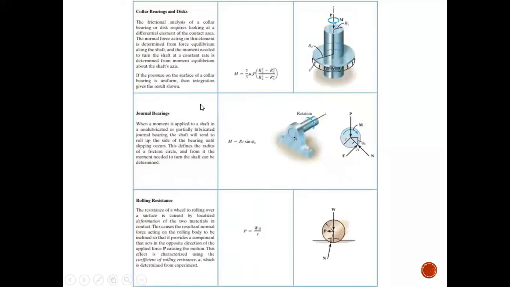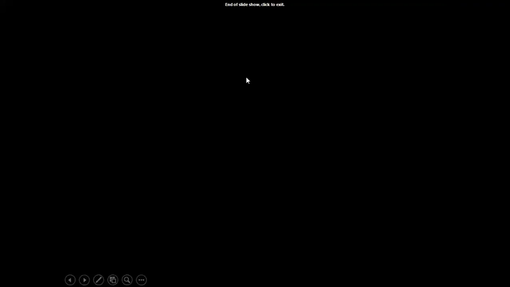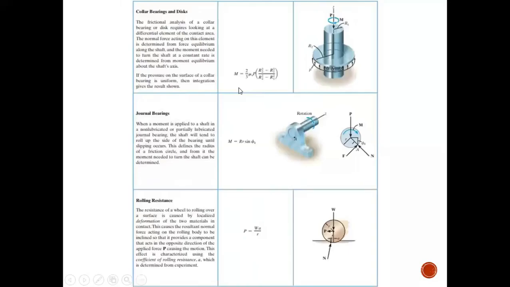These are three more examples: collar bearings and discs. The frictional analysis of a collar bearing or disc requires looking at a differential element of the contact area. The normal force acting on this element is determined from force equilibrium around the shaft, and the moment needed to turn the shaft at a constant rate is determined from moment equilibrium about the shaft axis.